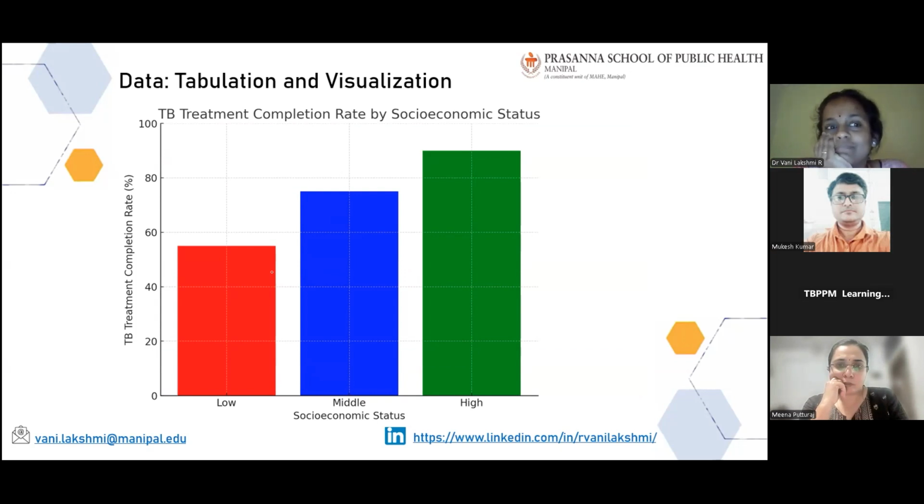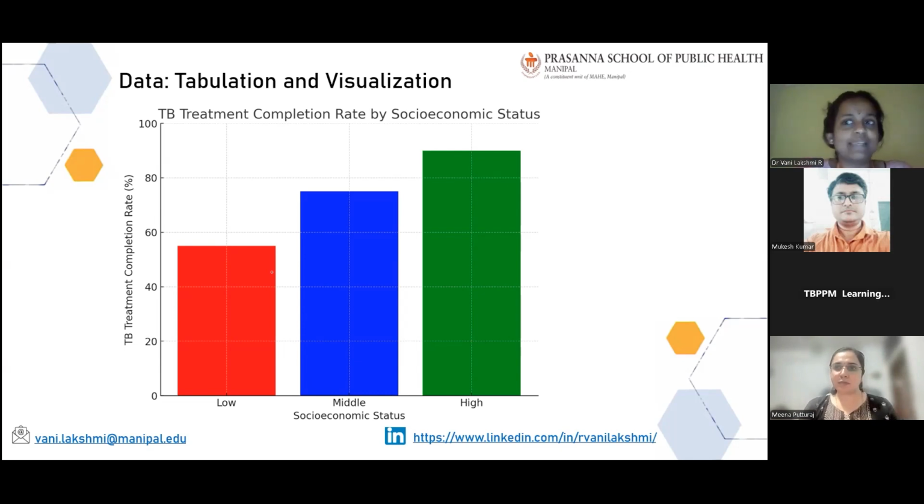It shows that those whose economic status is higher have better treatment completion. Means they recover soon. They are paying more attention to their diet, as I understand, ma'am. So, rich people complete TB treatment faster than anybody else. True or false? True.